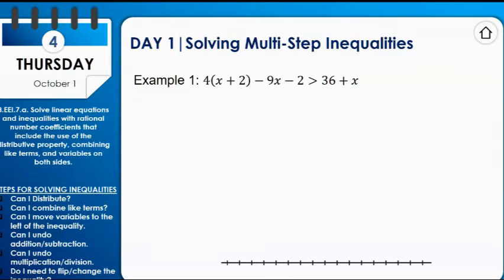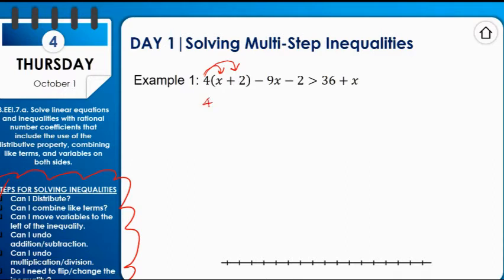So example 1, solving multi-step inequalities. The first question we want to ask as we're looking at our steps is, can I distribute? We see parentheses, we see a value outside of the parentheses. So yes, we can distribute, and we're distributing 4 to x and plus 2, or positive 2.